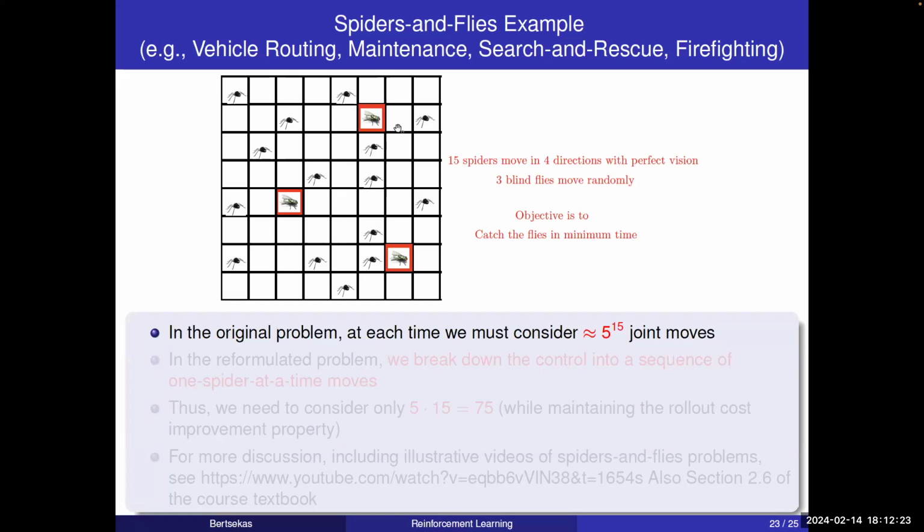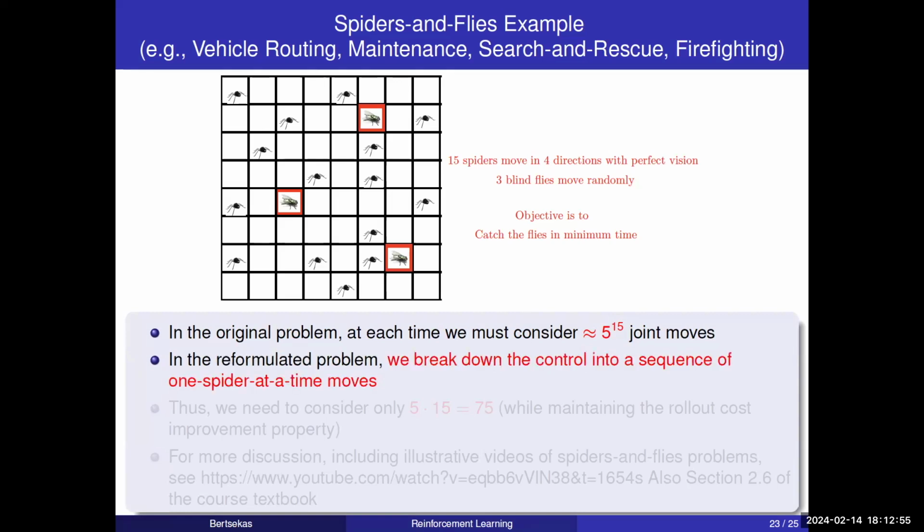And they move according to some known distribution. So in the original problem before reformulation, at each time we must consider at most 5 to the power 15 joint moves. Why 5? Because if I'm not at the boundary, I could go up, down, left, or right, but I could also choose to stay put. So there's 5 possibilities. And since there's 15 spiders, at most, we would have to consider 5 to the power 15 control vectors.